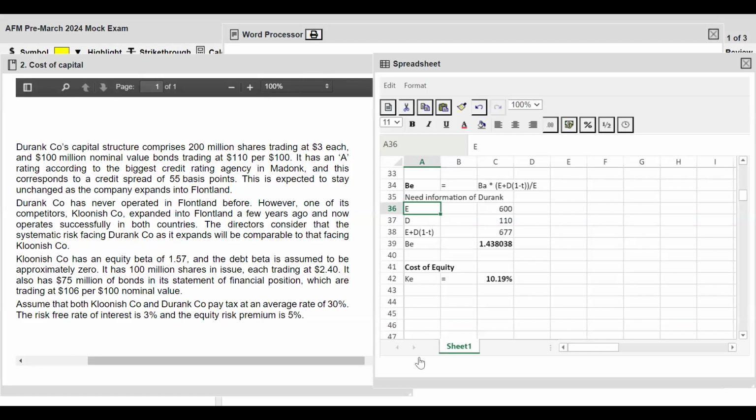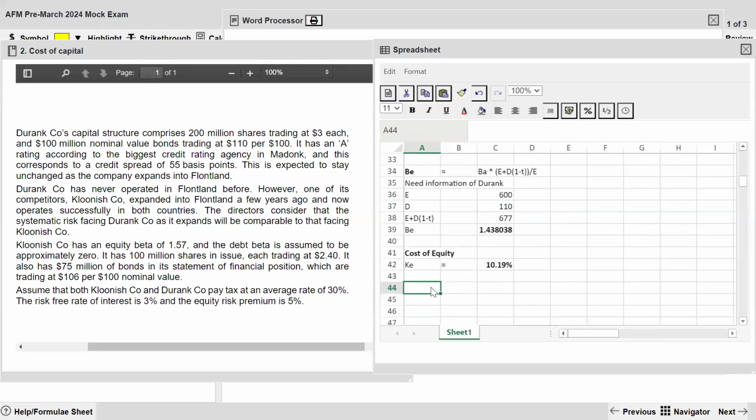Okay, yes, lovely Muhammad, lovely. So yes, this is how you are going to calculate it. Very, very simple. The cost of debt will be RF plus the credit spread.